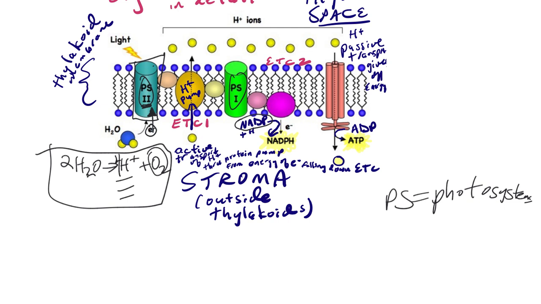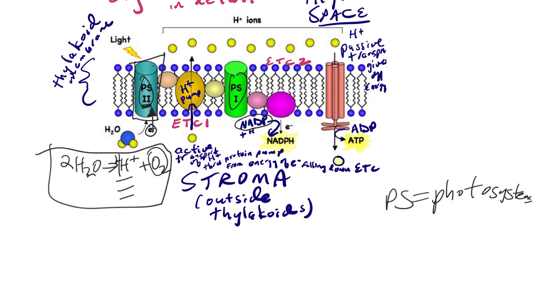Okay, now let's go back to where we left off. So we left off here. Those electrons still continue moving to fill in the spaces for the electrons that are going to be released by PS1, which I haven't talked about.